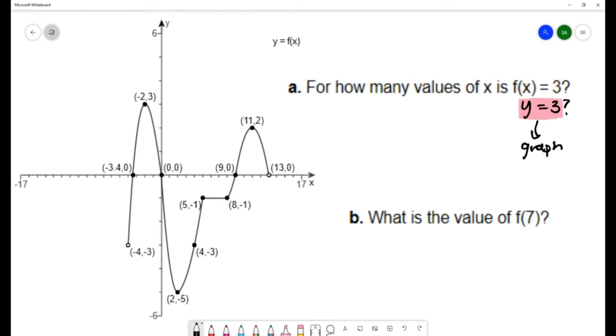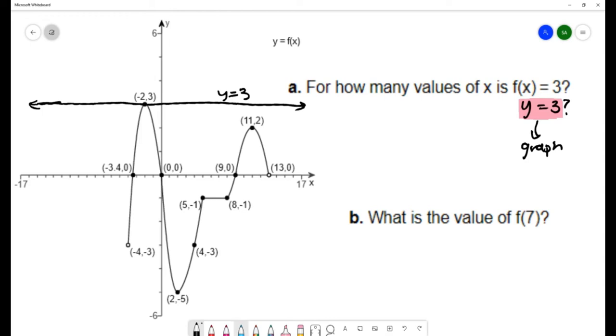The graph of y equals 3 is a horizontal line. So I'm going to draw a horizontal line at y equals 3, and it would look like this. Every single ordered pair on that line has a y-coordinate of 3.